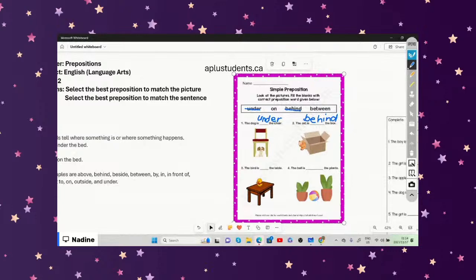Then if we look at that little birdie or the duck, is it on the table or between the table?